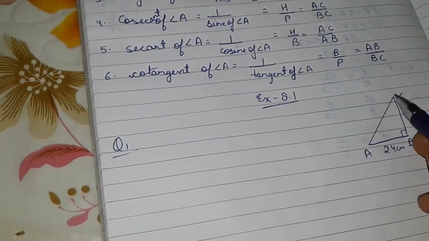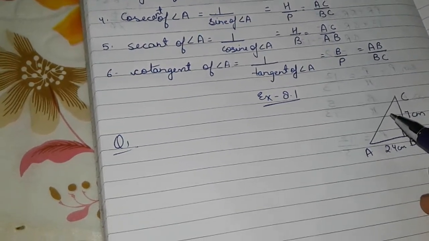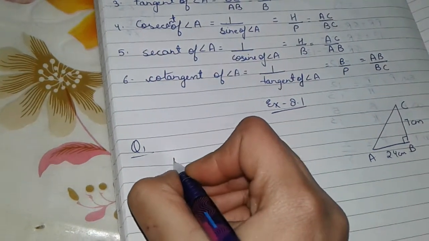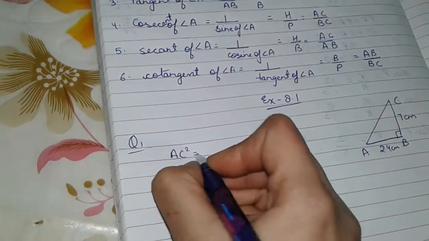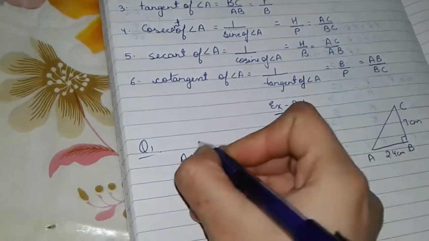As it is a right angle triangle, we can calculate AC by using the Pythagoras theorem. AC square is equal to BC square plus AB square. This is the Pythagoras theorem.